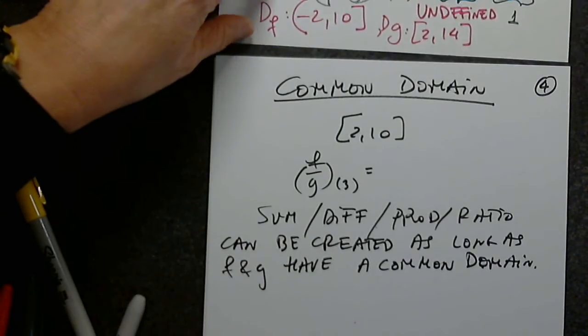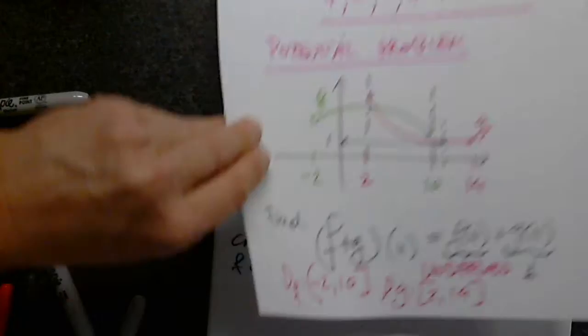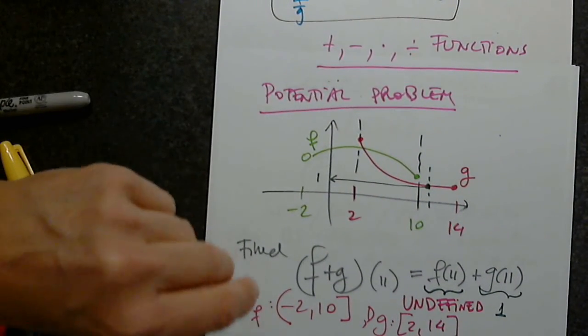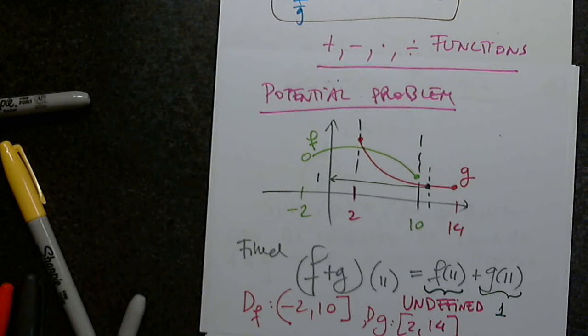Say it again. So F of 11 is undefined, but G of 11 is 1. Right. So I'm telling you, please add 1 to something that doesn't exist. What number will you come up with? They both have to exist for this to exist.